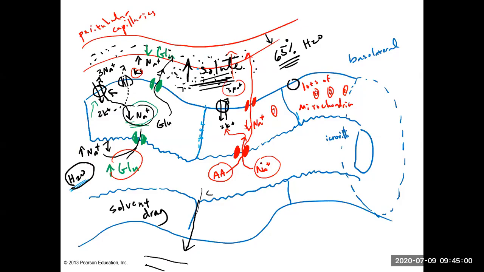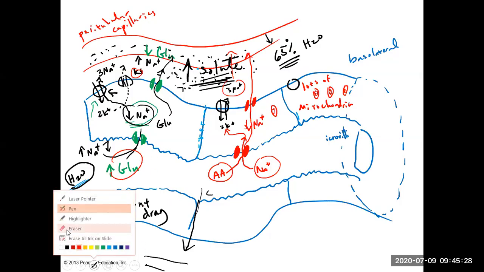So I'm going to erase this again, because I wanted to use this PCT, and you have that on the video, so you could pause it, take a picture, and look at it again. But right now, I wanted to go over perhaps the reabsorption of HCO3 and talk about all the things that are happening, so that way we are done with the PCT.